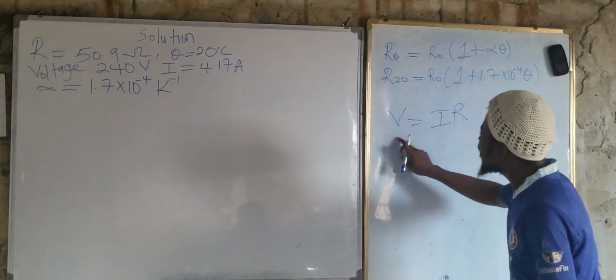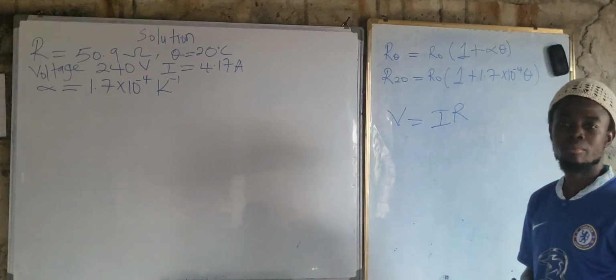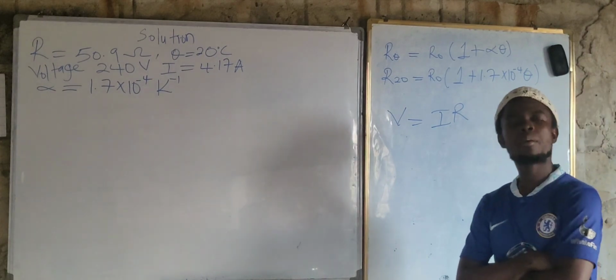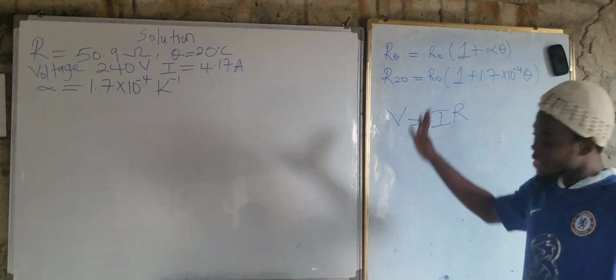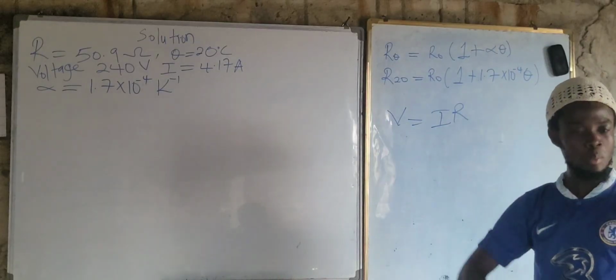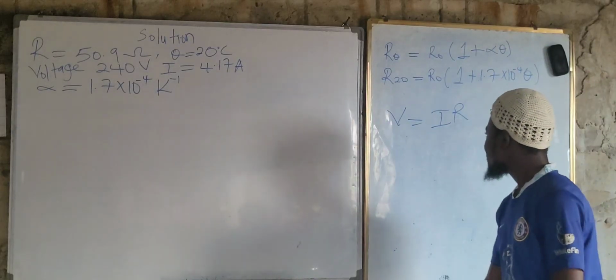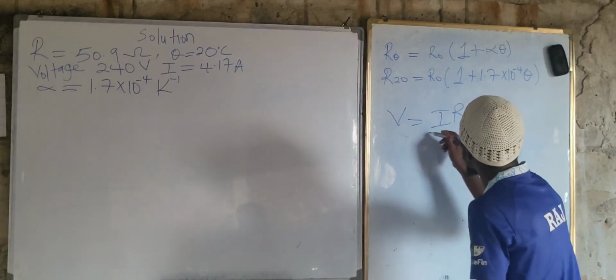When they give you this, it's not by magic. We have another formula, but let me leave that. In this one, let's make R the subject.